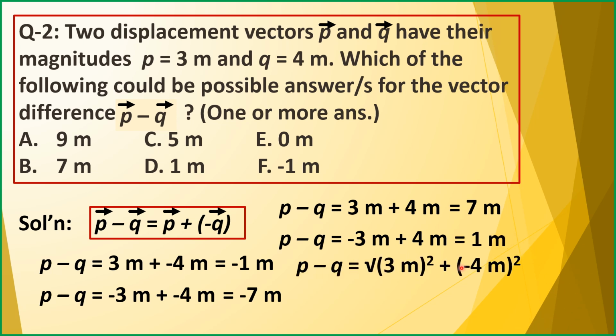And when the two vectors, regardless of their sign, make a 90-degree angle, or when they are perpendicular, we use the Pythagorean formula. We just add the square of each vector, that is 3 meters squared plus 4 meters squared, regardless of their signs, whether negative or positive. The result will be 5 meters.